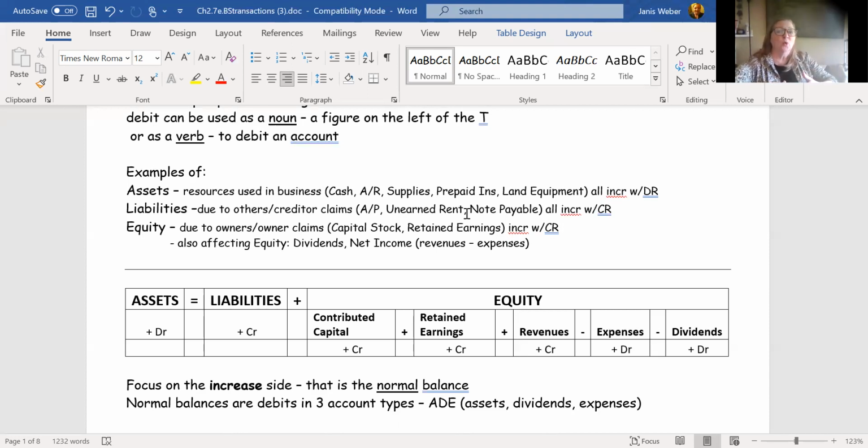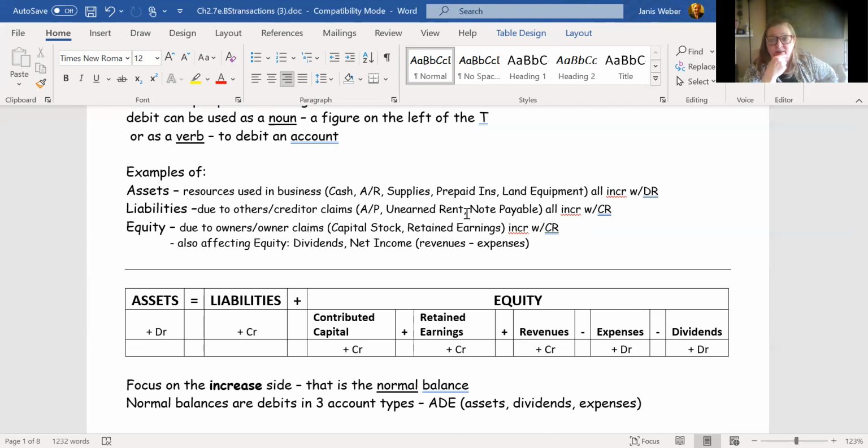So however you increase an account is their normal balance. Equity is the amount that's due to owners, and that would be like capital or common stock and retained earnings. Those increase with a credit. Also, things that affect equity would be dividends, where you pay equity out to your owners, and net income.